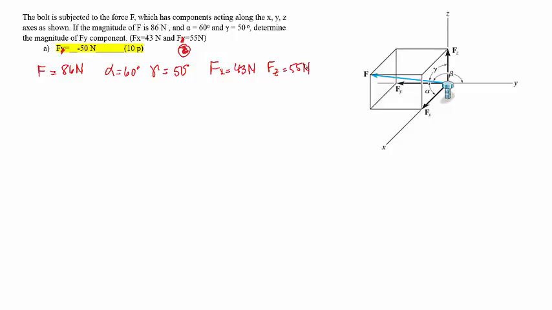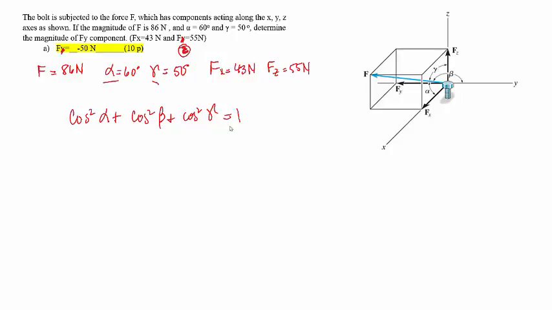We can do this in different ways, but one easy way would be to look at alpha and gamma, and you know that the cosine squared of alpha plus the cosine squared of beta plus the cosine squared of gamma equals 1.